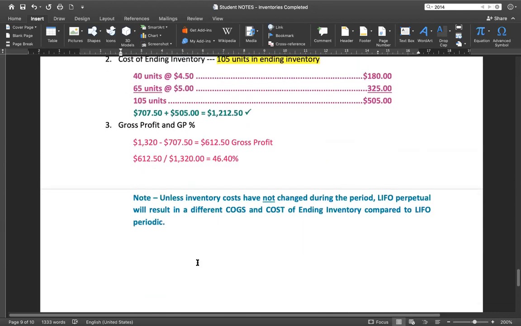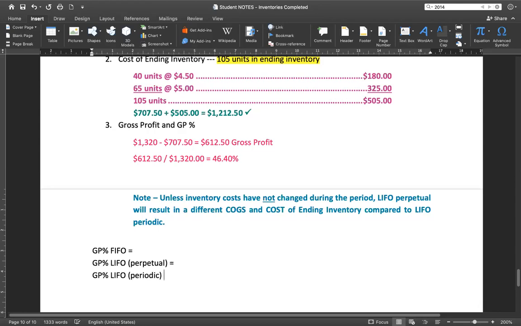So let's just take a quick review here. We have gross profit percent, and I'm going to say FIFO. Then we have gross profit percent LIFO, but this is perpetual. And then we have gross profit percent LIFO, and this will be periodic. And then we have the gross profit percent weighted average, and this is periodic.